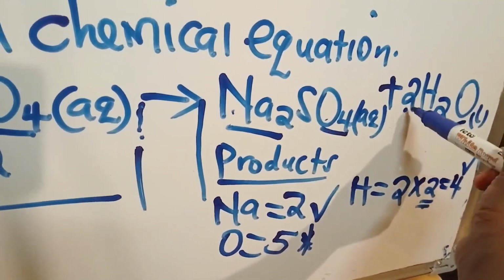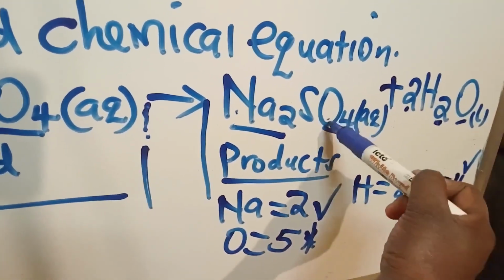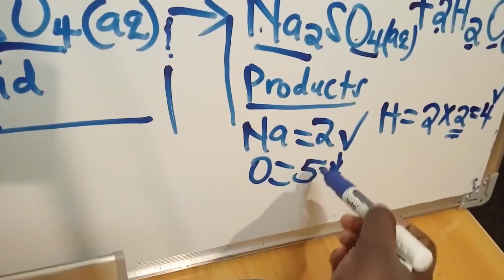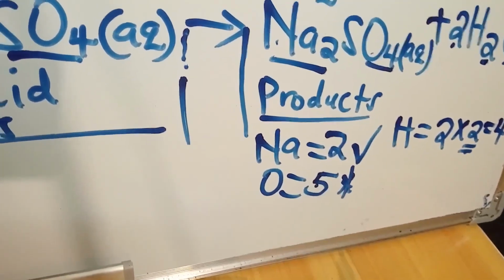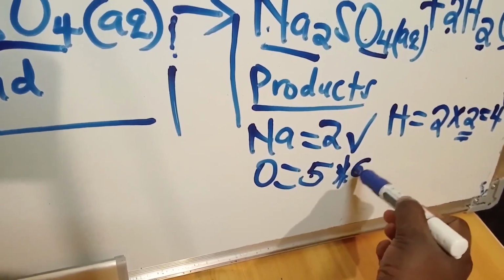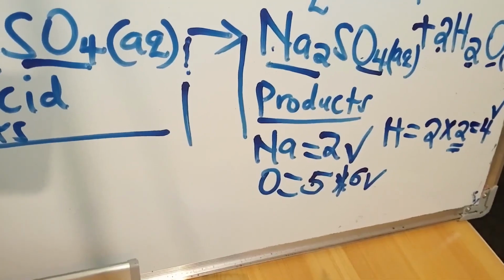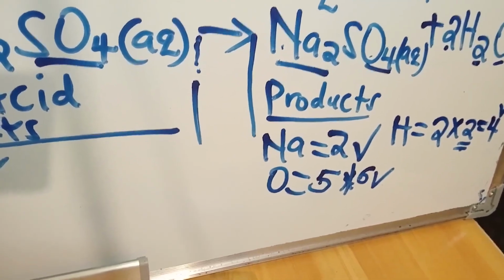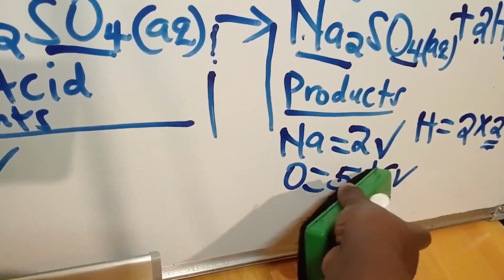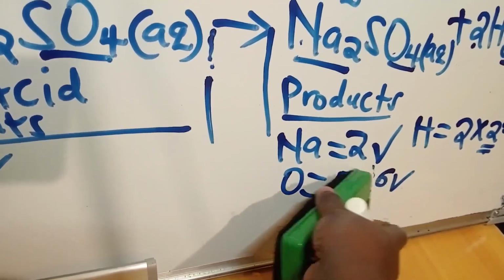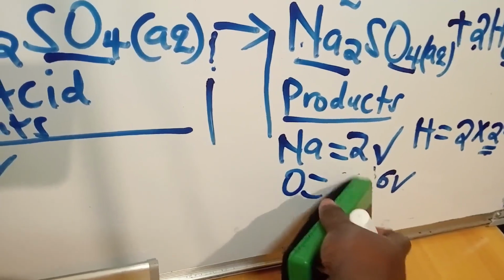So here we have 2 oxygen plus these 4. So now our oxygen here has become 6, and so they are now balanced. They are now balanced. So you can even rub the star that was there before.